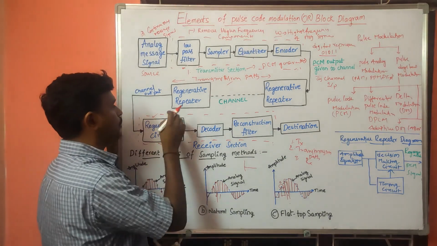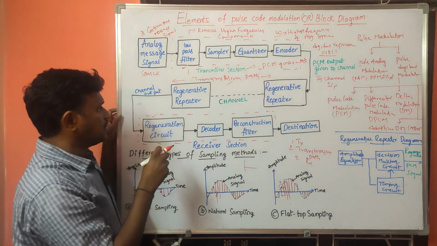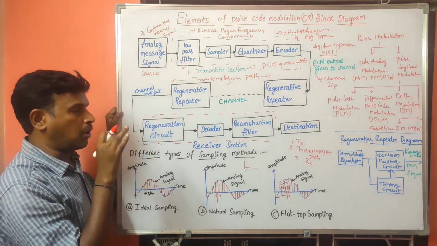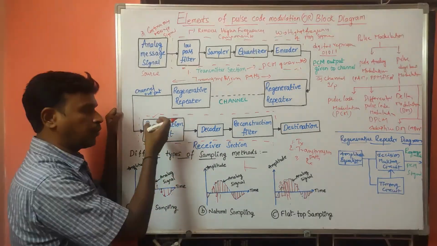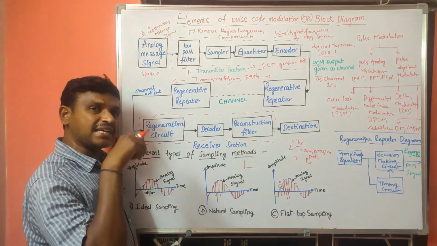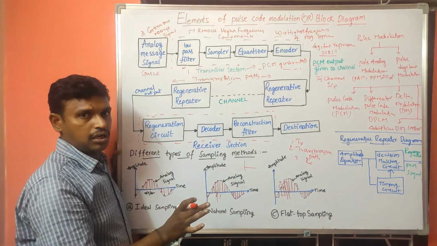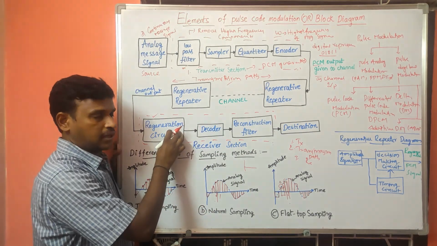Whatever disturbance is obtained for the PCM signal due to the noise can be eliminated by using the regeneration circuit, and we will retrieve or regenerate the PCM signal from the output of the channel. For that case, we are going to use the regeneration circuit.